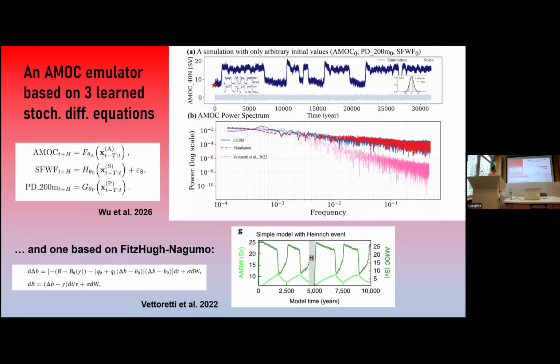We do what I just said. You just saw this now for the AMOC. So we have a neural network that learns the AMOC as a function of freshwater and density. And then we can do the same thing for the freshwater fluxes, which are learned based on the AMOC and the density. And density is then based on freshwater and AMOC. You can learn these SDEs.